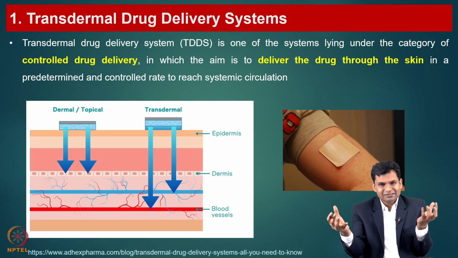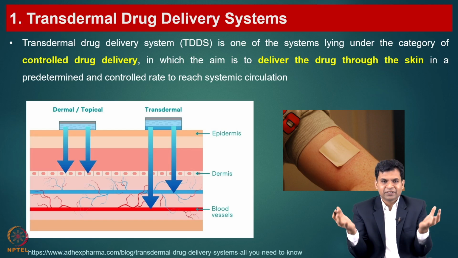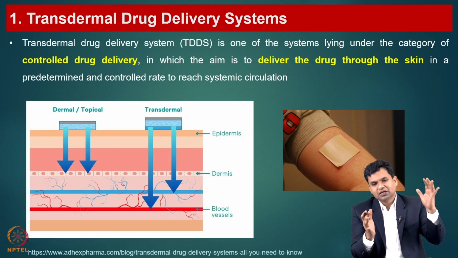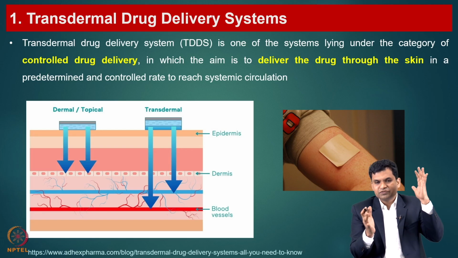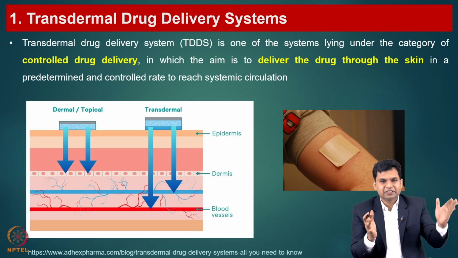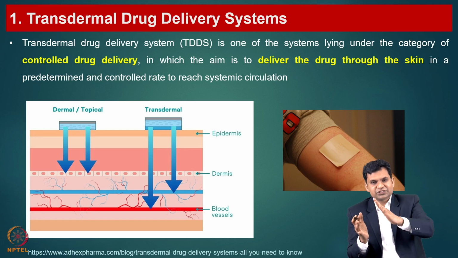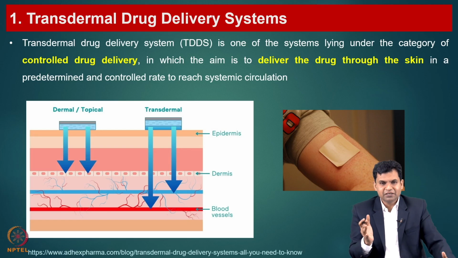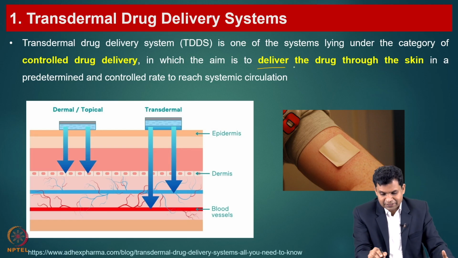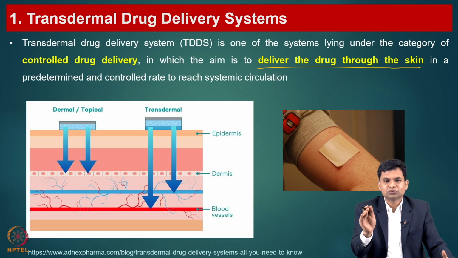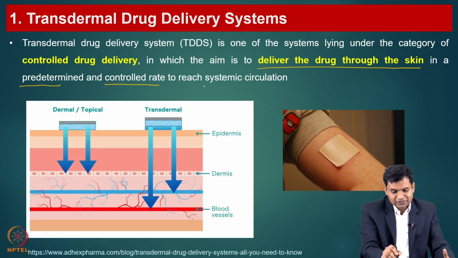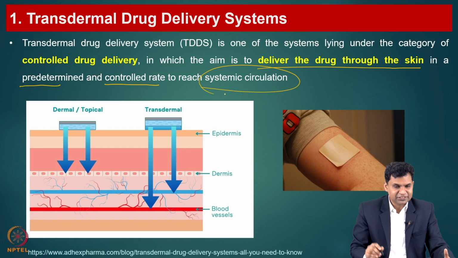We know that conventional topical formulations have limitations, as they cannot reach the blood in the required amount to show the activity. With the translation of the conventional formulation into the transdermal, we can expect the drug to pass through the skin at a predetermined as well as controlled rate to reach the systemic circulation.